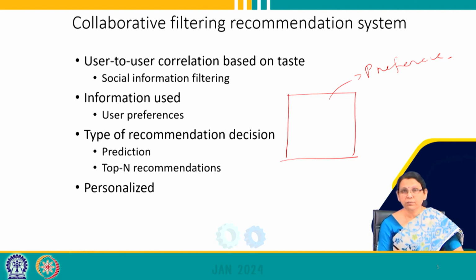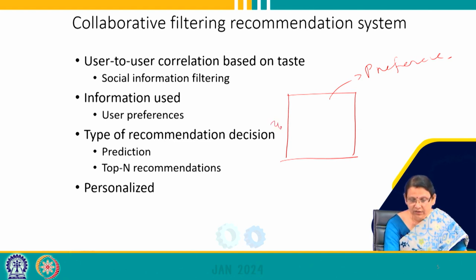What do we mean by providing recommendation? Once again, it is estimating the preference values for the items which the user has never seen. Let us say this is some active user, user A. For some of the items the user has given a certain rating, and for some of the items you are supposed to find out the rating.